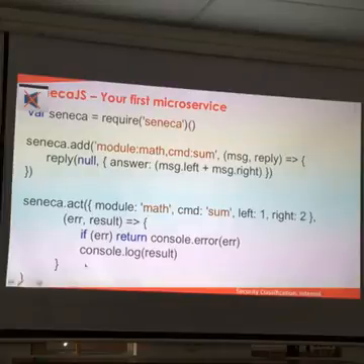Okay, actually the module math and command sum are just a pattern. And Seneca JS just helps you as a logical transporter. It means when you act, it will help you to match the pattern. And if the pattern is matched, it will try to execute the function. I see.